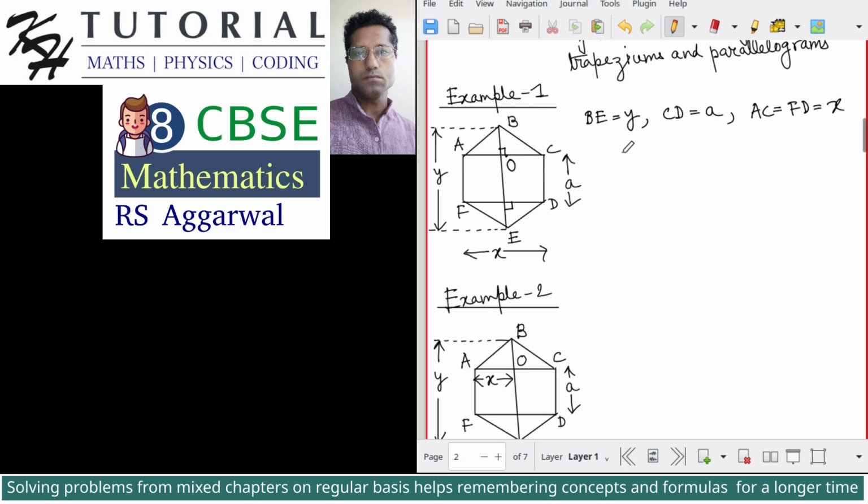Now, it will be a fact that AC is bisected by BE. This will imply that AO will be equal to OC.